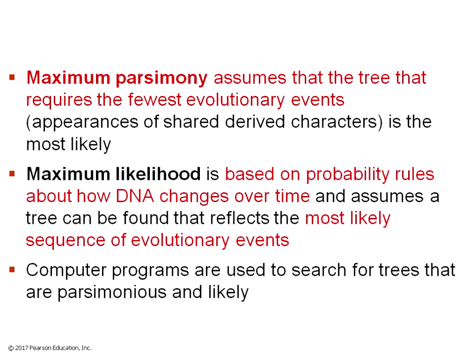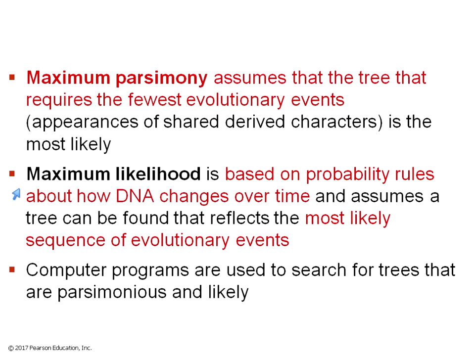Now, maximum parsimony assumes that the tree that is best requires the fewest evolutionary events. So maximum parsimony, the tree that is best requires the fewest evolutionary events. So in parentheses here, the fewest appearances, if you will, of shared derived characters.